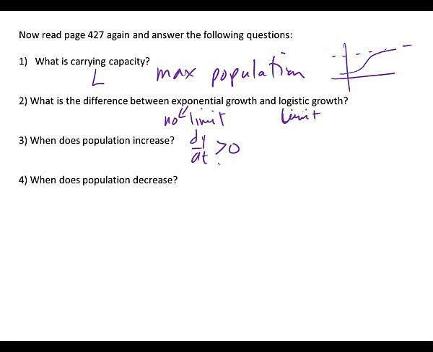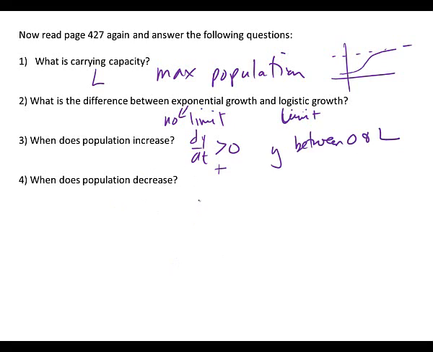What's greater than 0 mean? Positive. So when the population is increasing, when dy dt is positive, okay? It also said something about the limit, didn't it? It also said that y had to be between 0 and L, the carrying capacity.